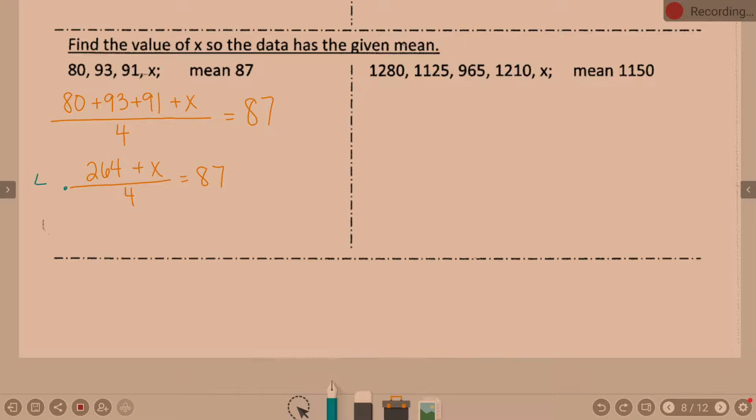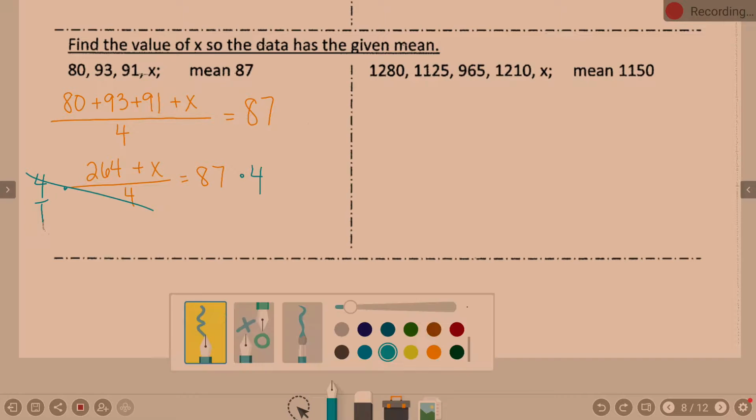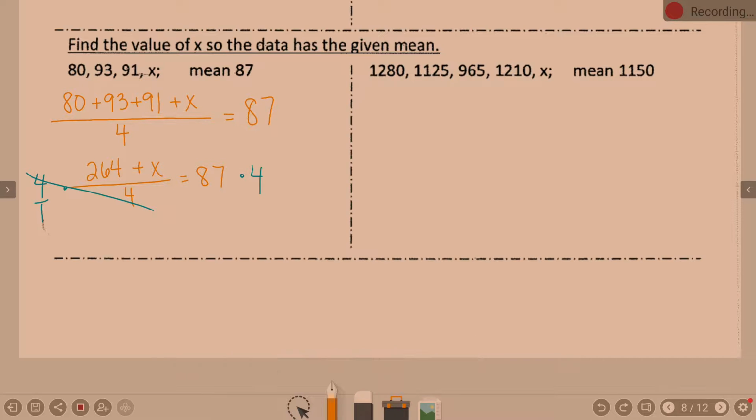If I multiply the left side of this problem by 4, multiply the right side by 4. So when we multiply by 4, the whole point is the 4's will go away. So 264 plus x is equal to whatever 87 times 4 is, 348.